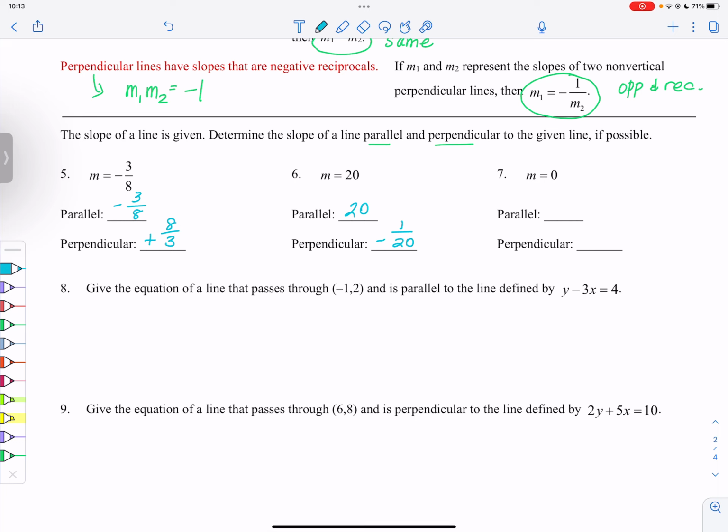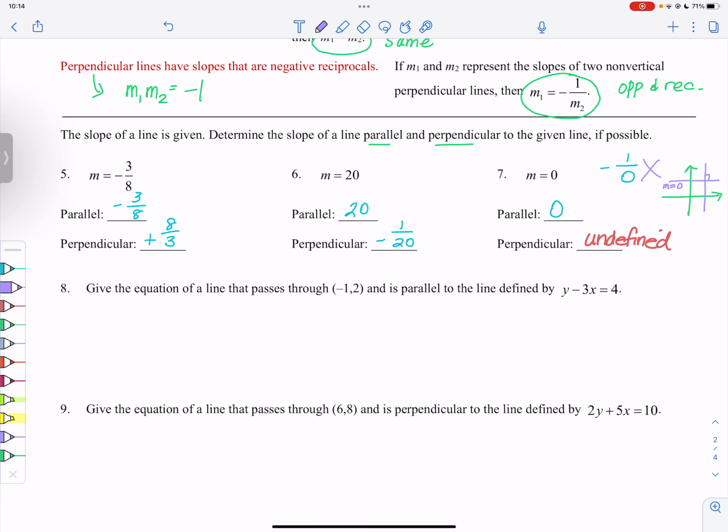If our slope is 0, our parallel line is going to have a slope of 0. But if we reciprocate 0, we are undefined. So if you think about this, a line that has a slope of 0, the perpendicular line is vertical. So the perpendicular vertical line has an undefined slope, and the horizontal line slope is 0.